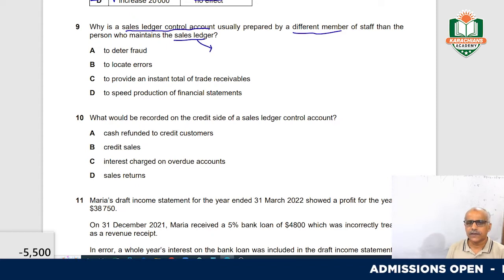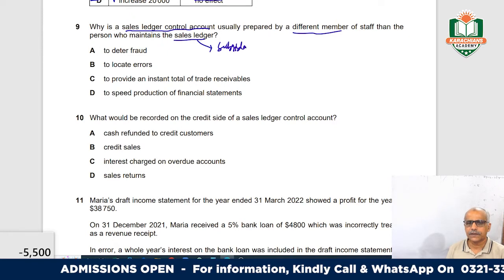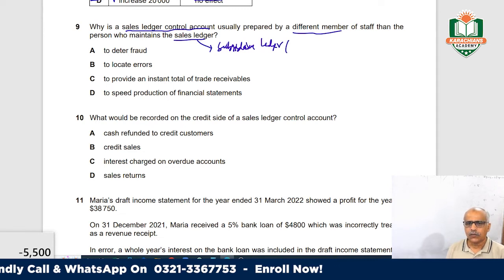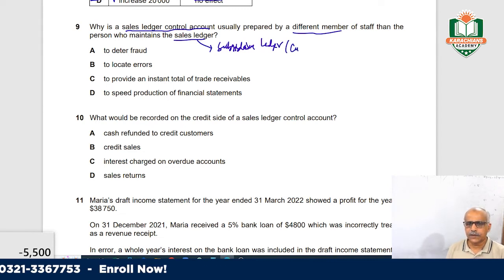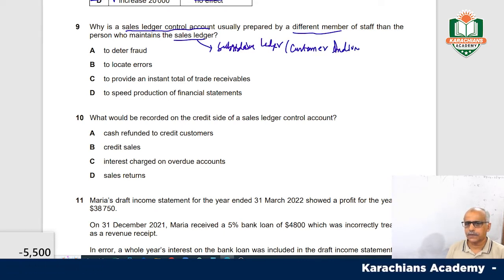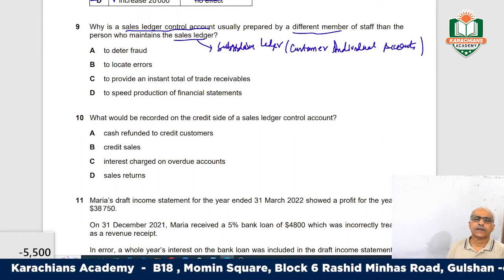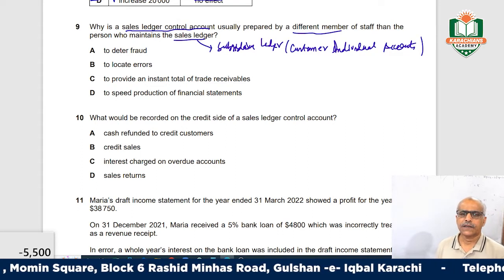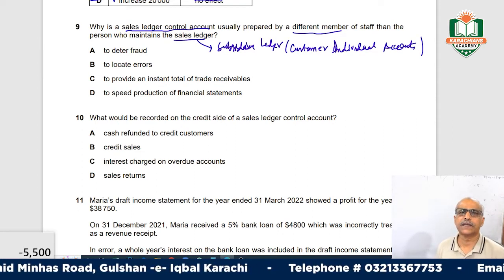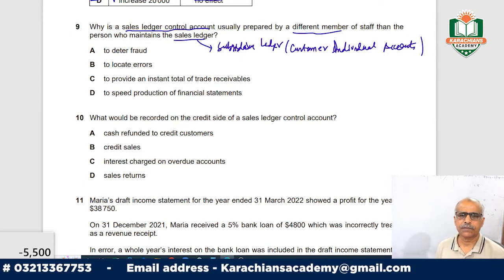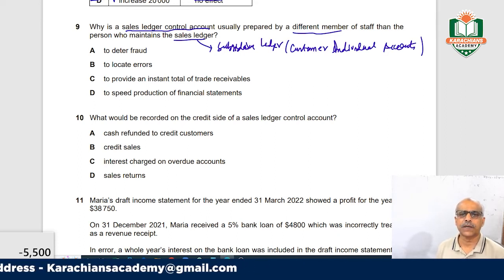This is a subsidiary ledger, where we maintain customers' individual accounts. This is maintained by a separate person, and he maintains all the customers' individual accounts. But in the general ledger, some other person maintains.